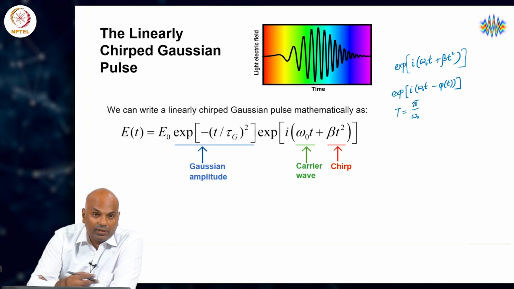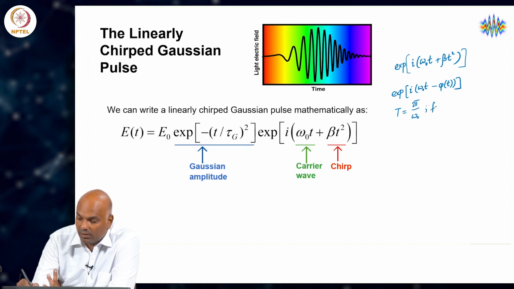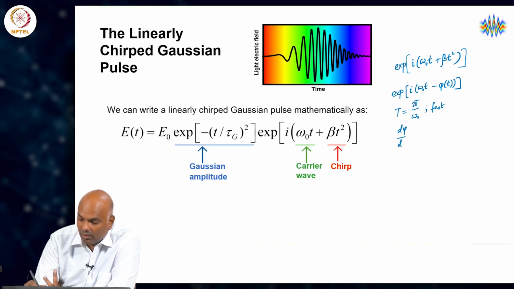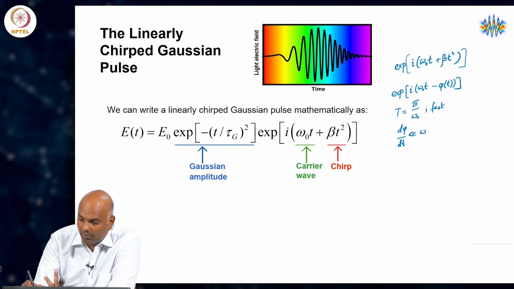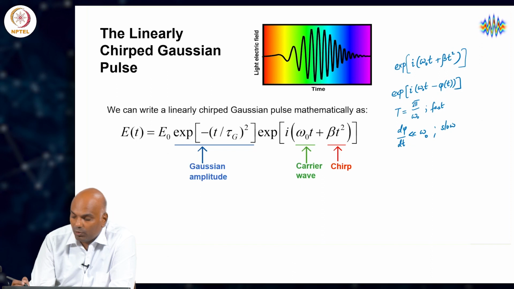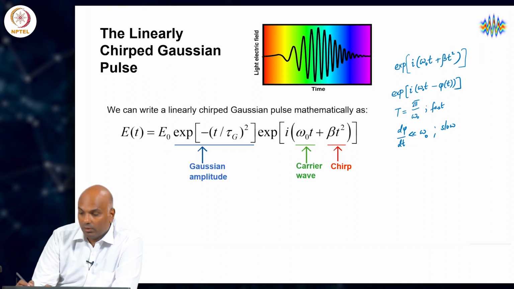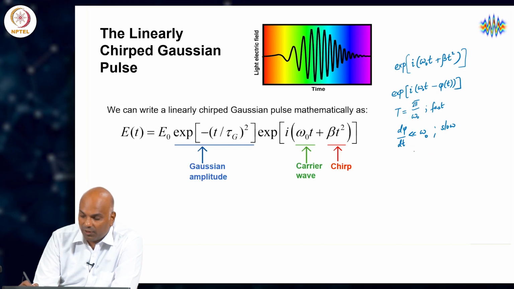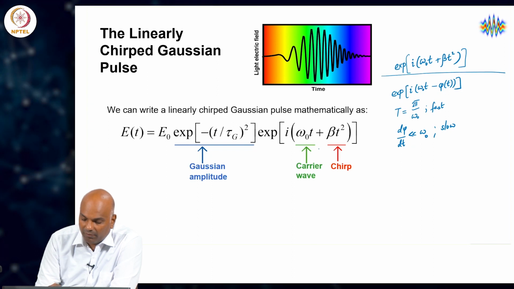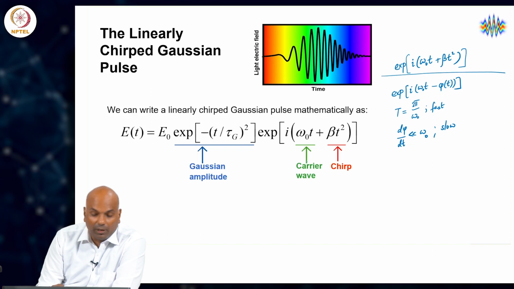So, we saw this earlier too. This is the fast time scale, and d phi by dt is typically much smaller than anything to do with omega naught. This is slow. So, it is in this sense that we wrote this function, but I wanted to clarify a bit in the way we have written the mathematical expression for a Gaussian pulse.